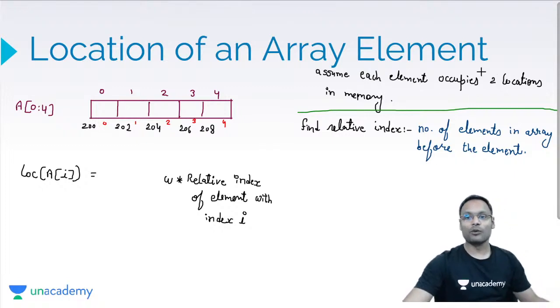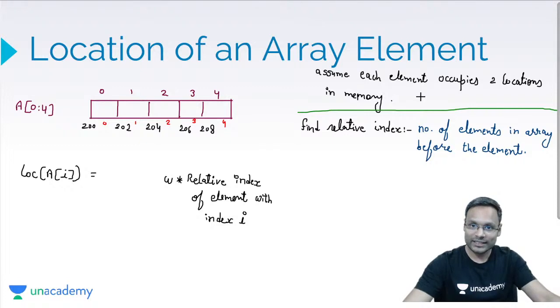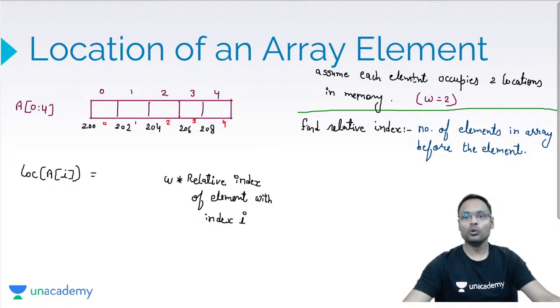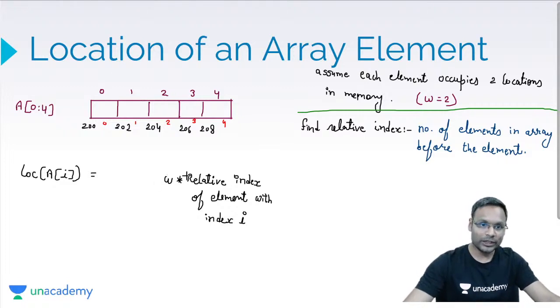Each element takes how much size. In this particular case W is equal to 2, each element occupies 2 locations in the memory. That's why, relative index into W, plus starting from base.